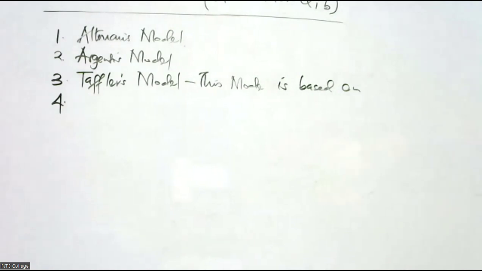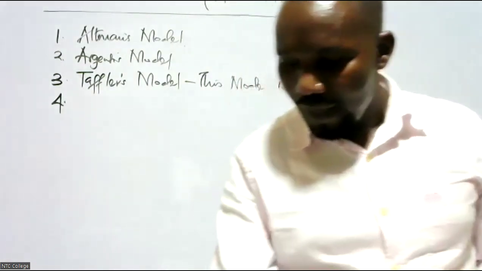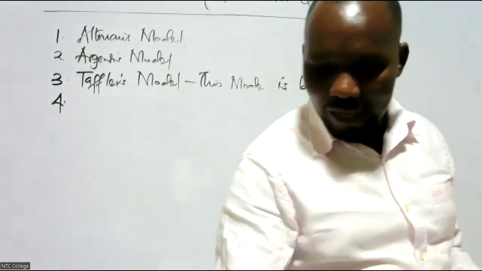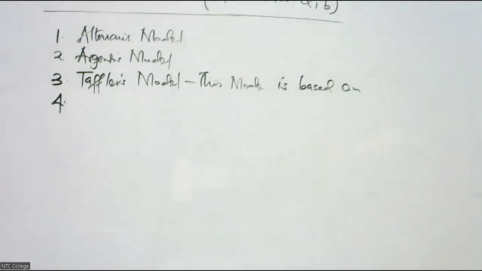The first ratio is sales over total assets. That is Roman 1. Sales over total assets, Roman 1.